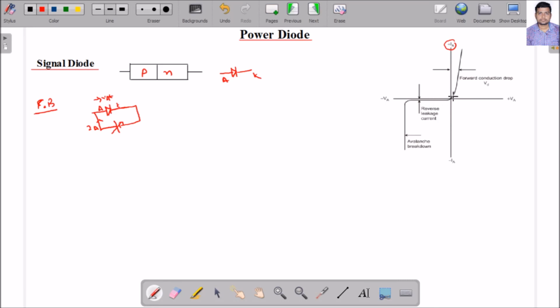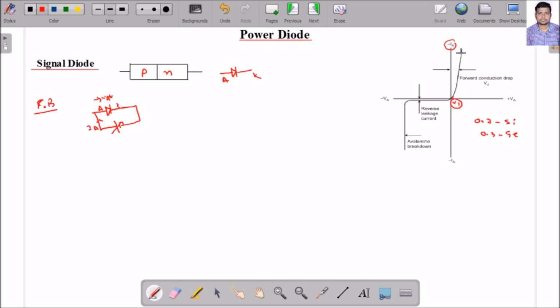But when the voltage goes above the cut-in voltage or threshold voltage, which is around 0.7 volt for silicon and 0.3 volt for germanium, the current gradually increases.